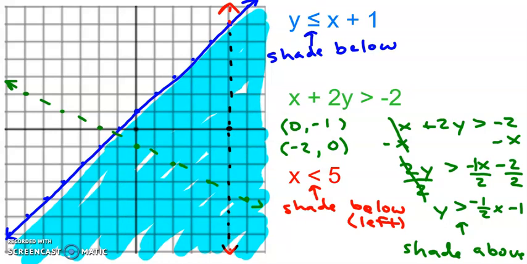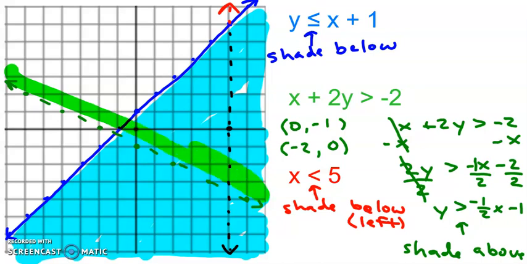So shade below here, and remember that anything on this solid blue line that's touching my shaded region is a solution. Second inequality in green, we said before that we have to shade above. I'm shading above here.